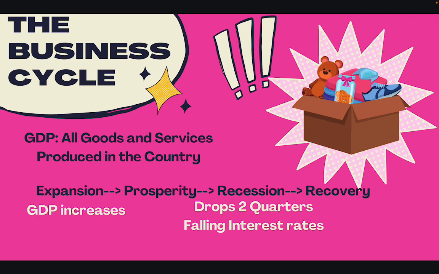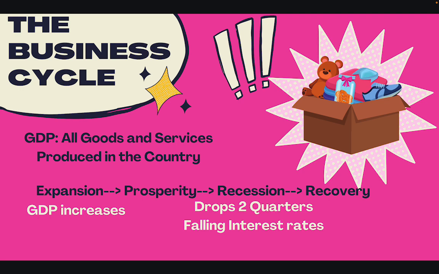There are so many external factors, obviously, that they have to consider, but let's look at it as a whole. First of all, the gross domestic product is looked at as all goods and services produced in that country. Now, during periods of expansion, the gross domestic product is going to increase. Duh. And following expansion, we have a time of prosperity. After prosperity is recession.